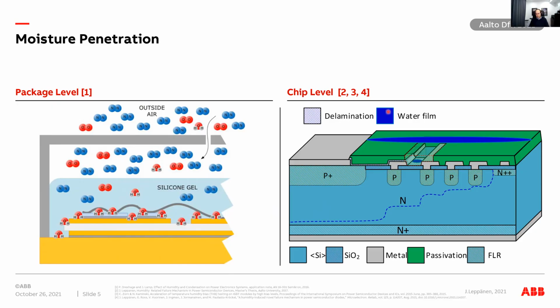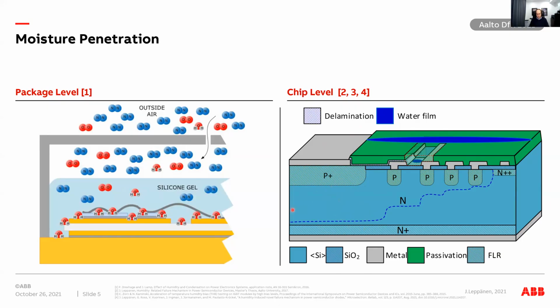Okay, so what happens at the chip level? You might have a water film forming on top of the chip passivation. By the way, this is a diode package. You have the top electrode here, the anode and the cathode. You have the P-type doping here and the N-type here.